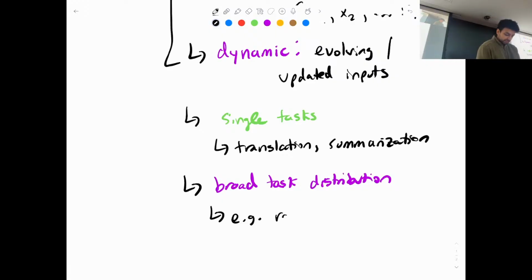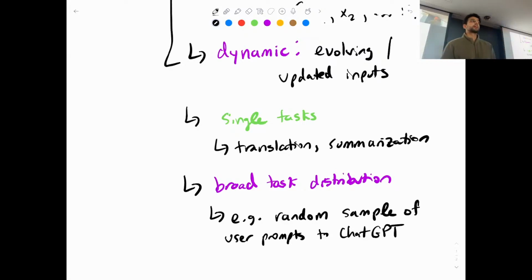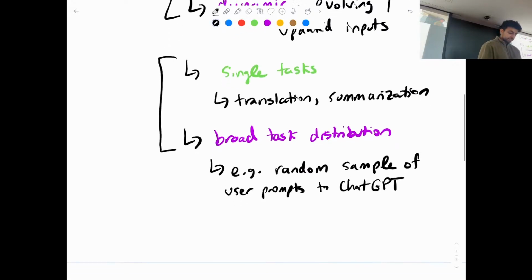For instance, this could be assessing how well the model does on a random sample of user prompts to ChatGPT. Some benchmarks actually look like this, where they take a diverse sample of real user prompts and try to rank models on how good their responses are. So, a wide range of focuses in terms of task distribution as well. These are basically two ends of a spectrum.